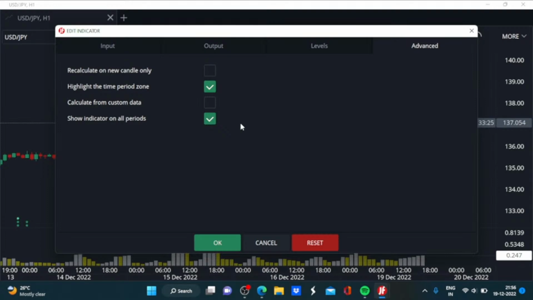And that's the whole point of this presentation, to make you aware of these options given on the platform in which you can customize and use this indicator to make more money out of the market.